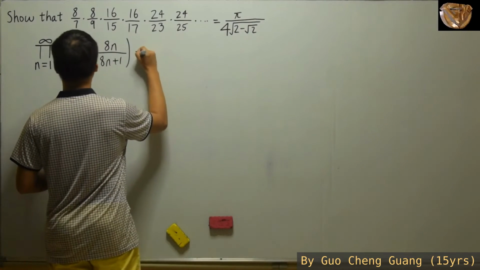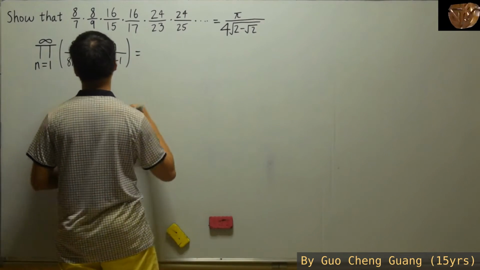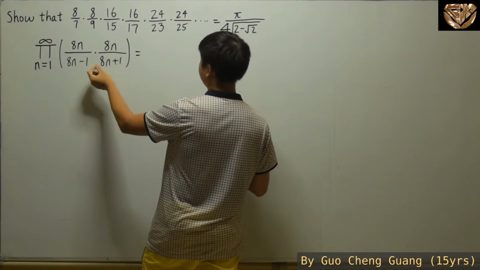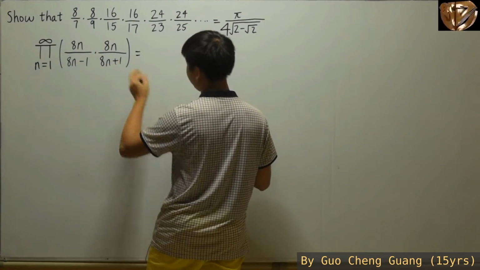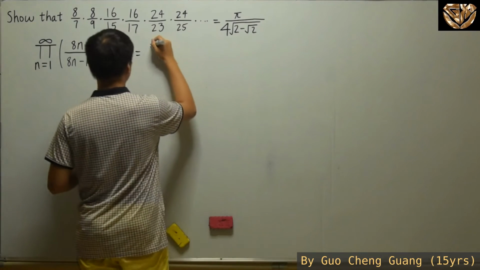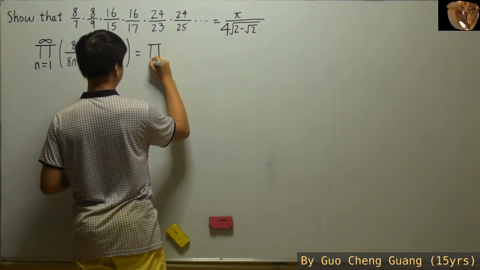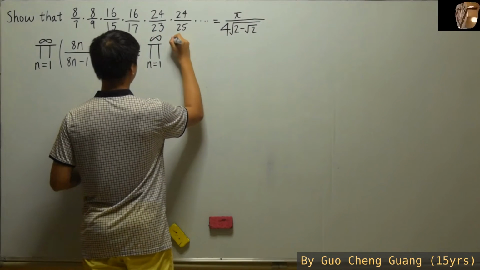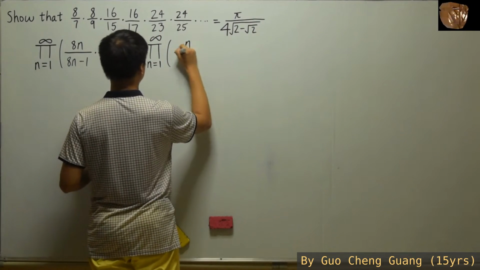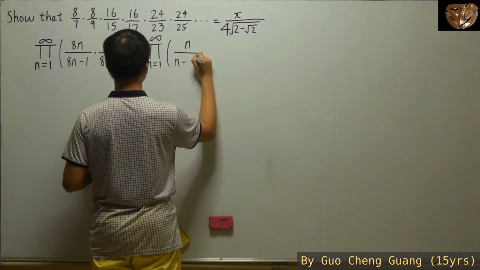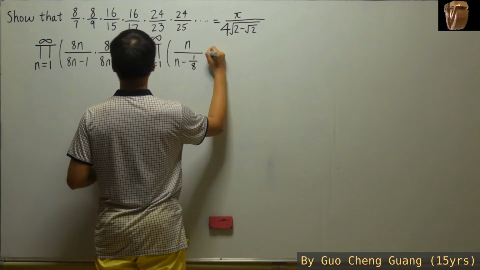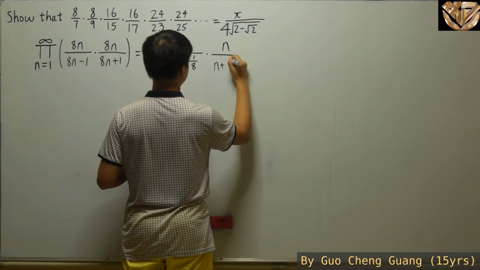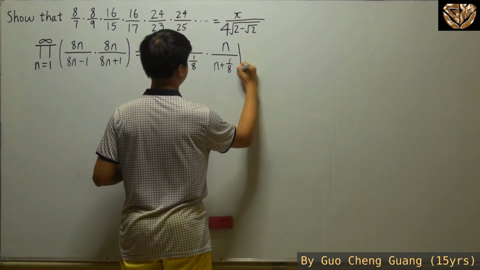Next we can divide both numerator and denominator by 8 for each of these fractions, or you could also say divide by 64 in both numerator and denominator if you combine the 2 fractions. So you have the product with n from 1 to infinity, of n divided by n minus 1 over 8, multiplied by n divided by n plus 1 over 8.